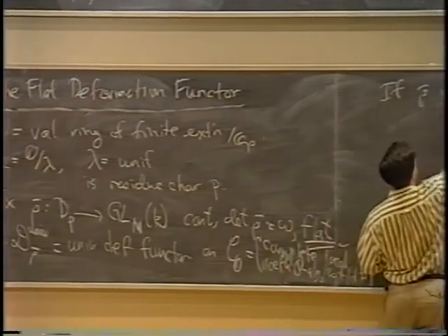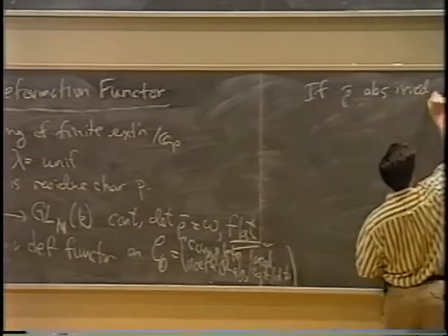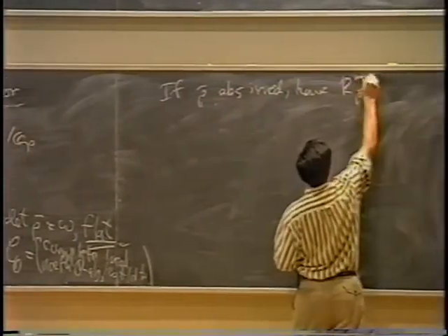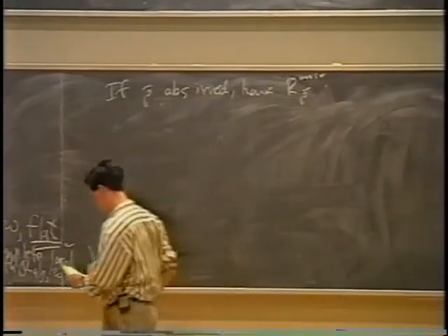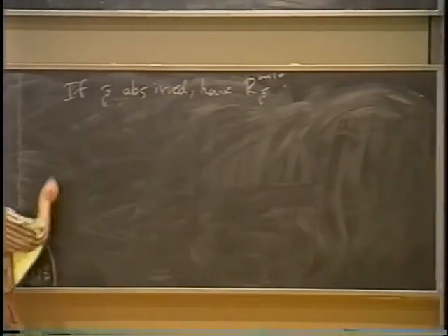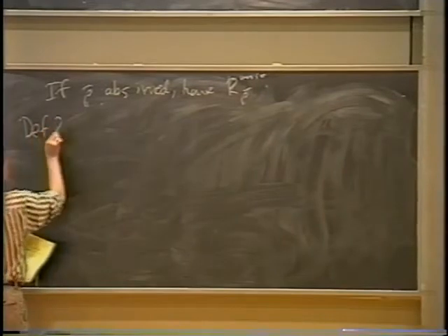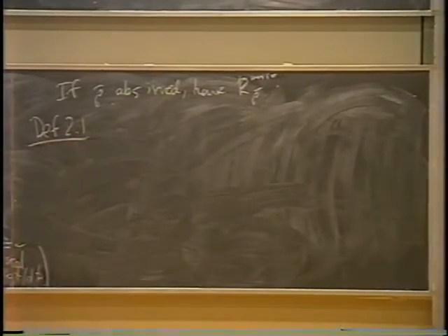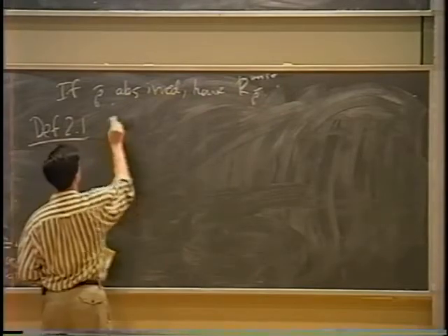If rho bar is absolutely irreducible, then we have our representing ring, the universal R_rho bar. Okay, and now we're going to define a certain, well, at this point, a certain sort of subset of this whenever we evaluate it.